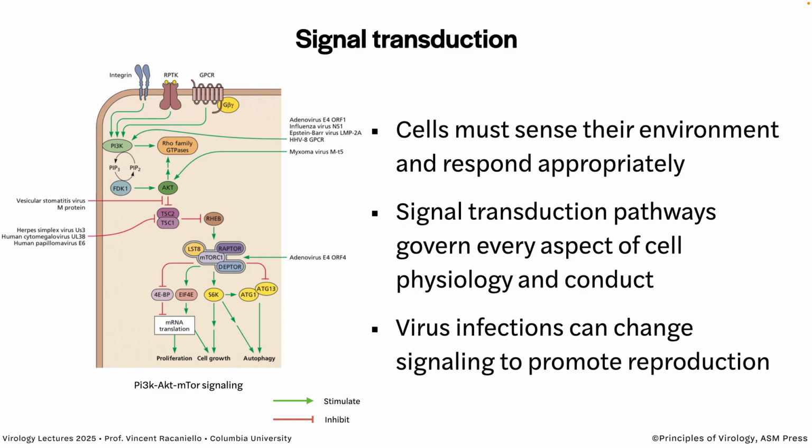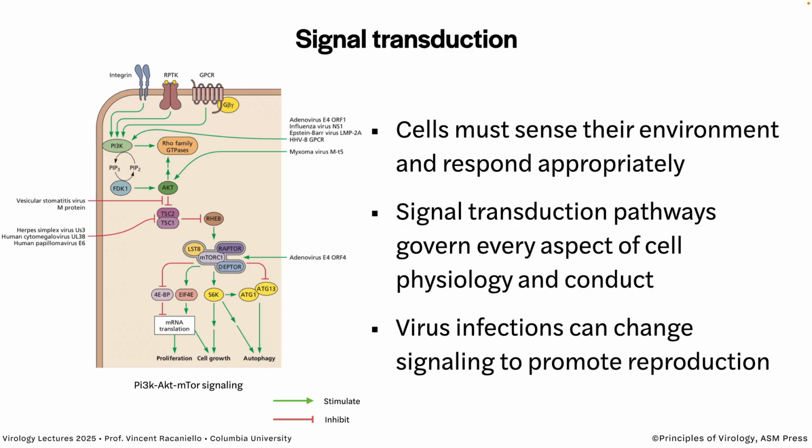So here on the left is a typical signaling pathway. This is the PI3K, AKT, mTOR signaling pathway. And you can see it starts with plasma membrane receptors.